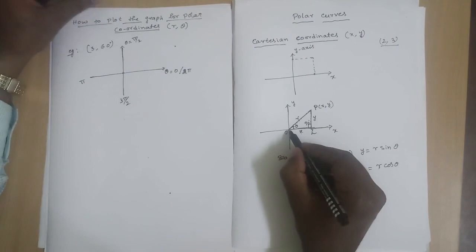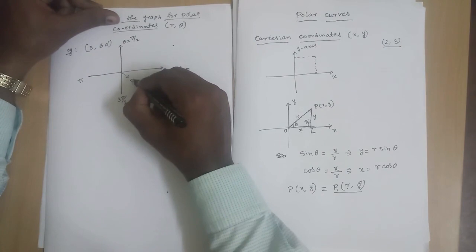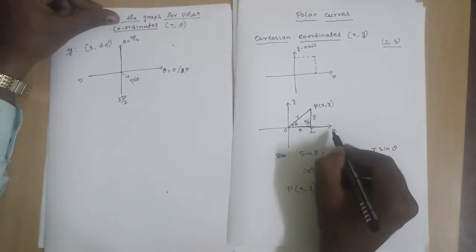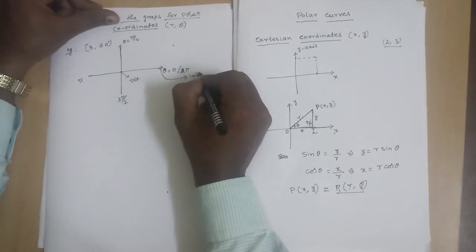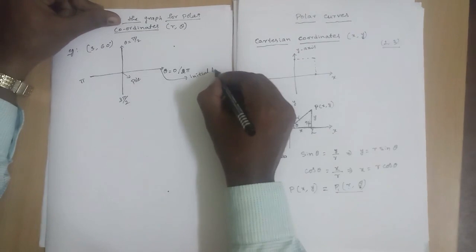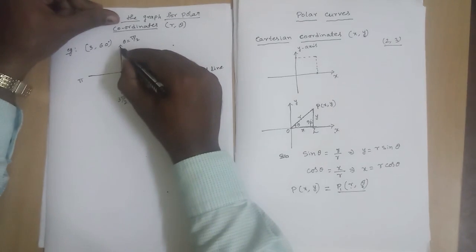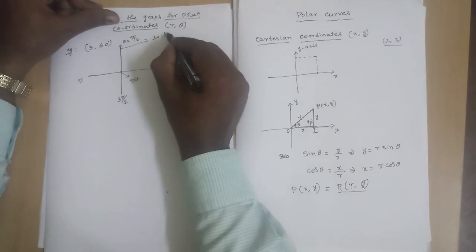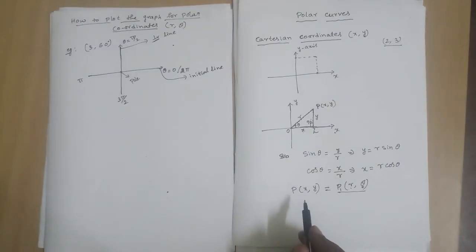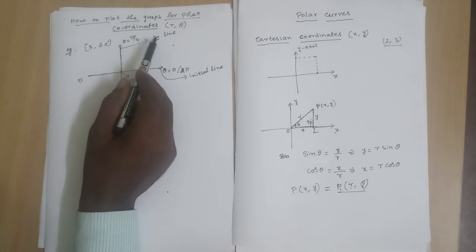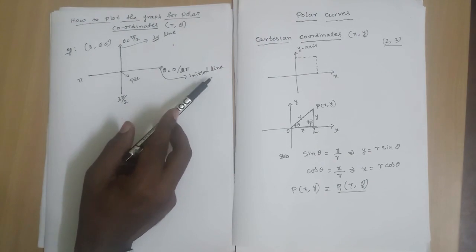In Cartesian it is called the origin, but here it is the pole. This one is the x-axis, and here it is called the initial line, and this one is the y-axis, called the perpendicular line. This is short for perpendicular. Okay, so remember that. 0 comma 0 is the pole, and this is the initial line.